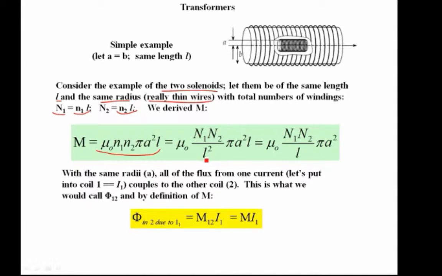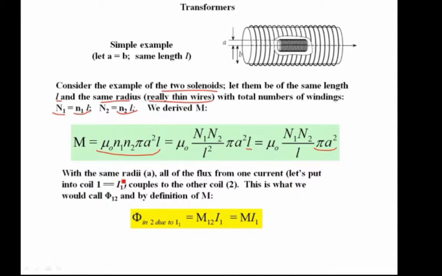So N1 over L, N2 over L gives you little n's. And then remember you have an L here, so that cancels this L squared to give you an L down here. And so you're left with the mutual inductance in terms of the total number of turns in the two windings times pi a squared because they share the same area.